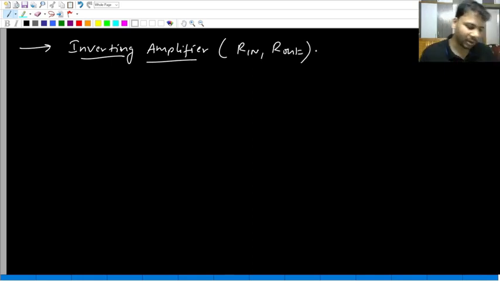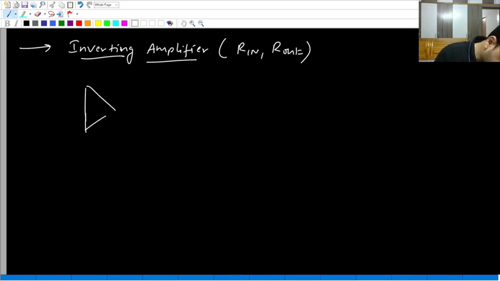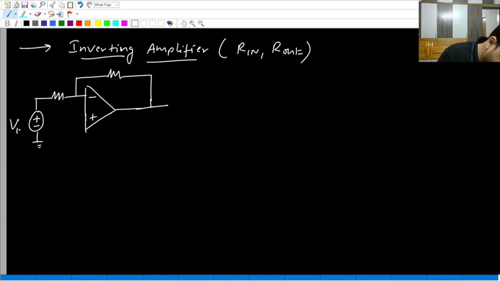Minus R2 by R1. So this is R1, this is R2. This is our output voltage.